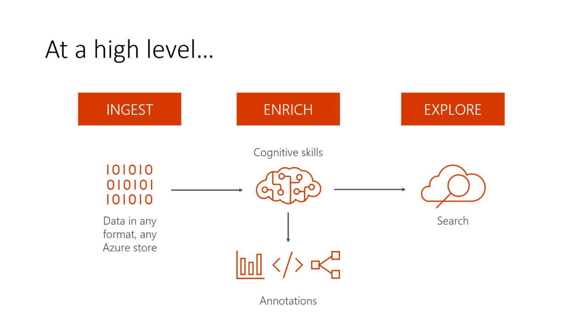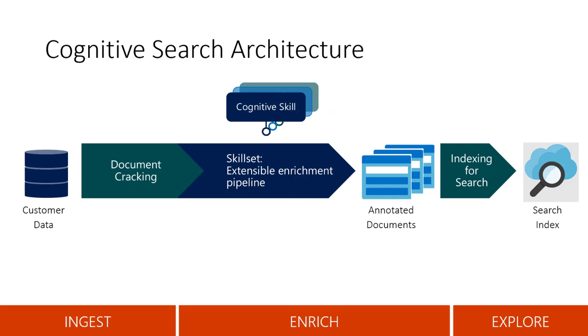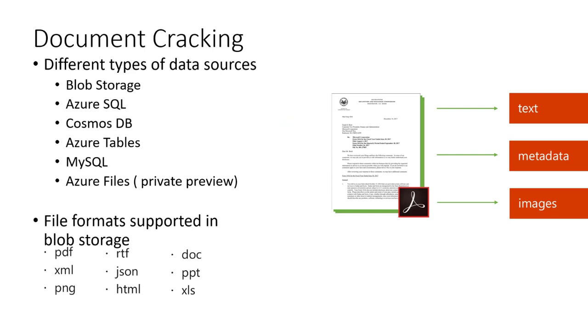Azure Cognitive Search is a concrete implementation of the ingest, enrich, explore pattern. Ingest means that you pull your data from your SQL DB, Cosmos DB, MySQL, table storage, and even Azure Blob Storage.